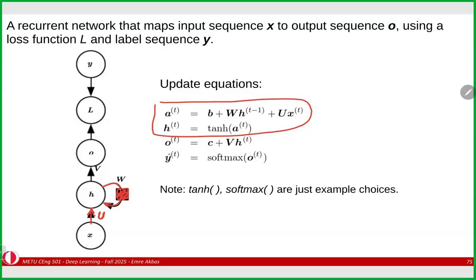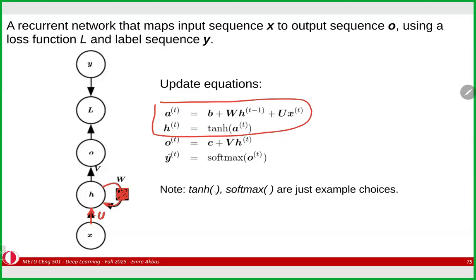Similarly, you can compute the output by a bias term C plus V times HT. This is another parameter, V. And your output prediction, Y hat, is the softmax of OT.